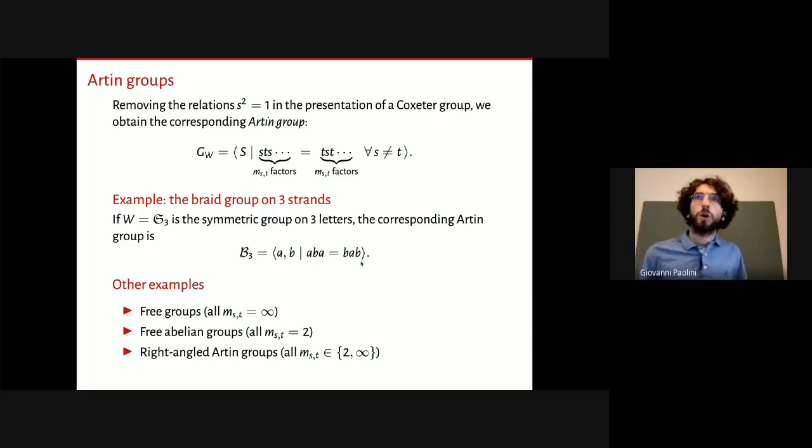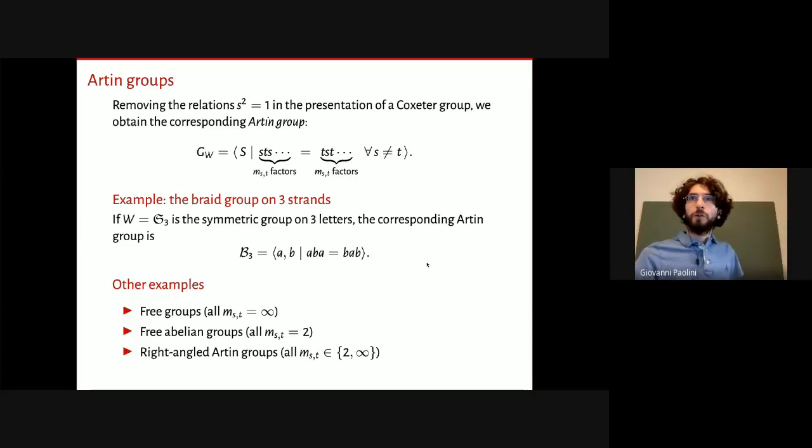And we are going to see why this group associated with sigma 3 is called the braid group on 3 strands. So braid groups, as we're going to see, are a particular case of Artin groups.